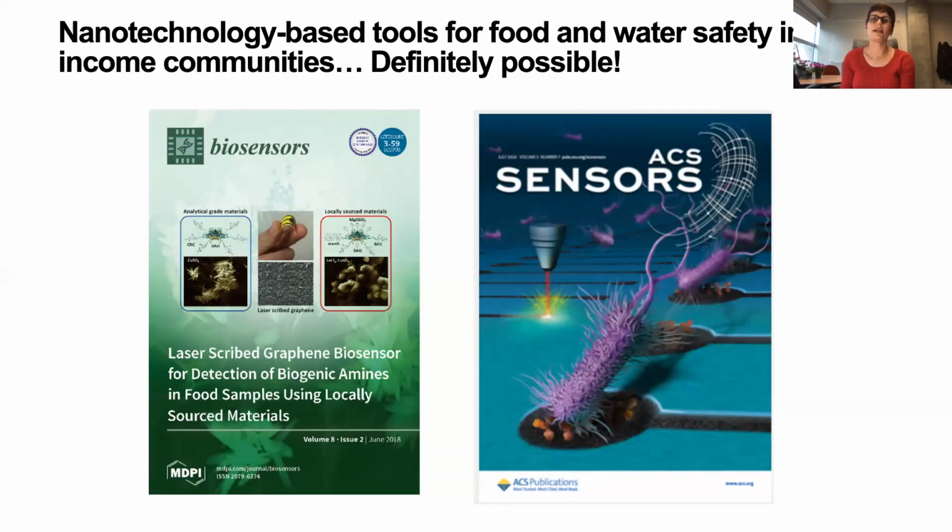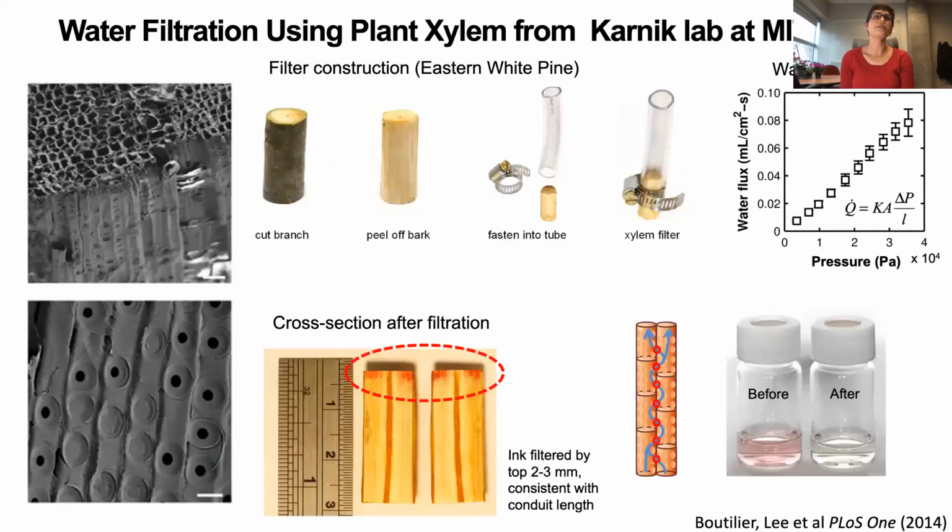And again, very amenable for places that are low cost. You can fabricate them so cheaply and scalably that you can measure multiple times without the added cost. So very useful. The next examples that I have are about work done at MIT by Professor Karnik.